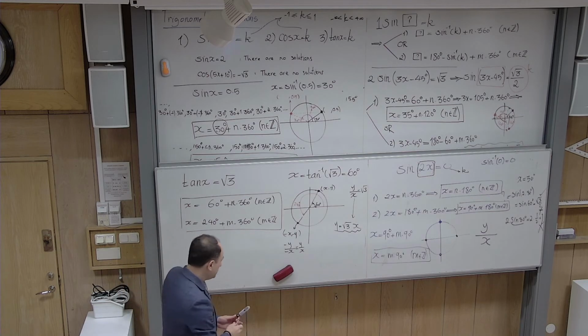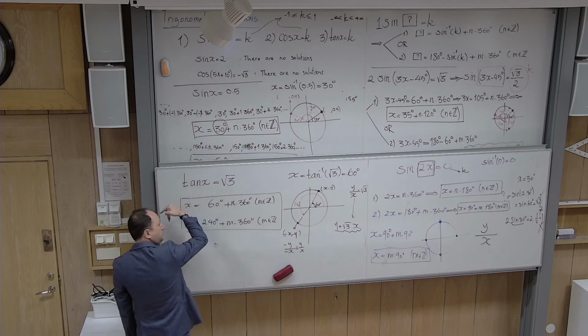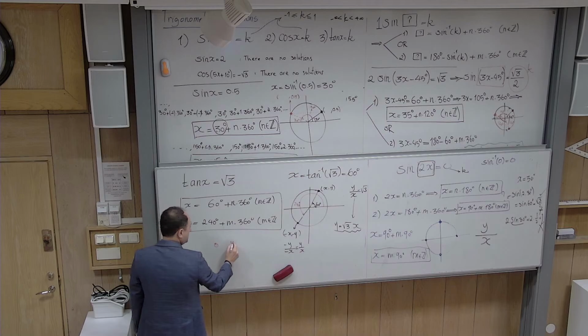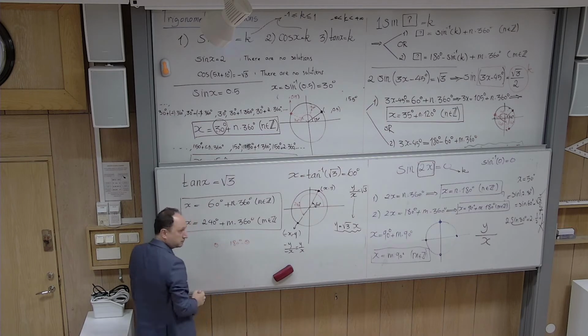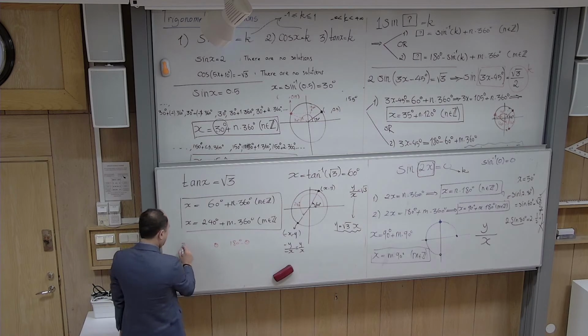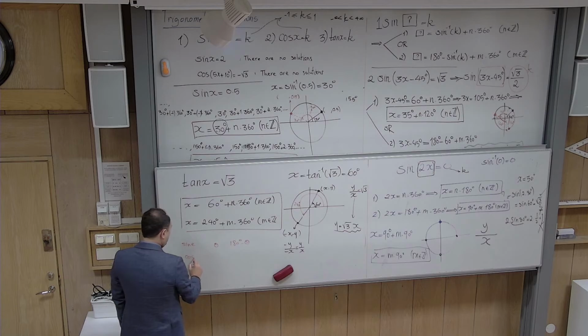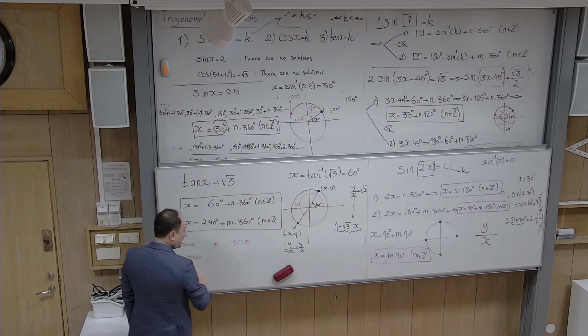Okay, so let me just review. For the sine case, we had an angle. And do you remember? The mirror image with respect to y, which is 180 minus that angle. The main angles are these two, for the case of sine. For the case of cosine, do you remember what was that? We could write it in 2 ways.